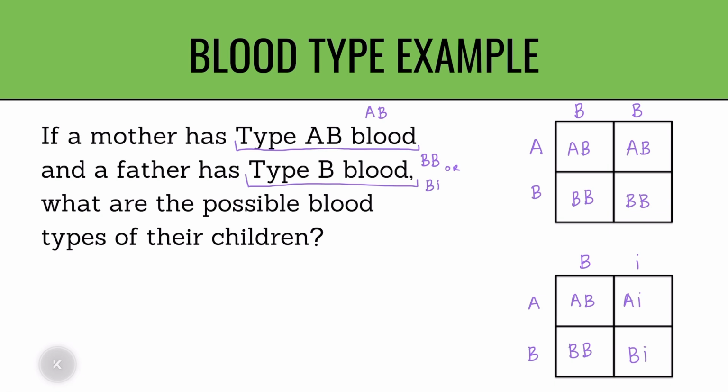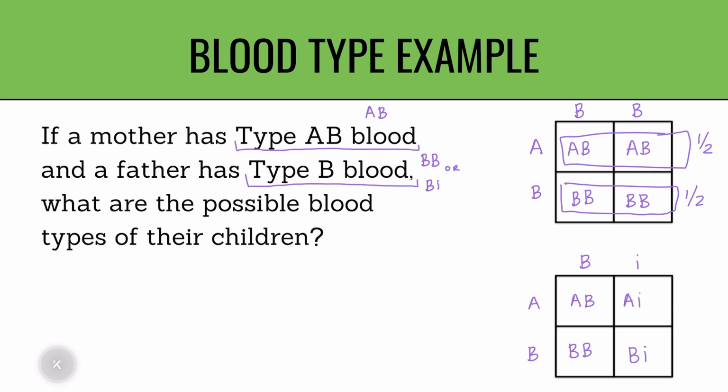Okay, so in this first scenario, there is a 50% or 1/2 chance of the child having blood type AB and a 50% chance or 1/2 chance of the child being type B. Those are my only two options.